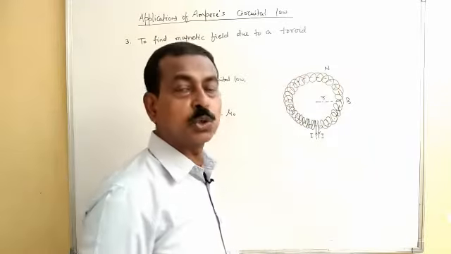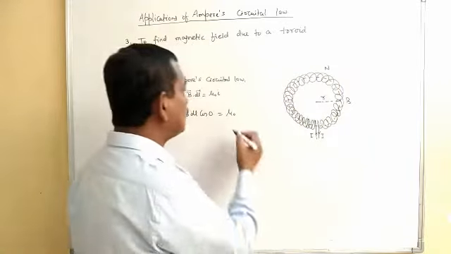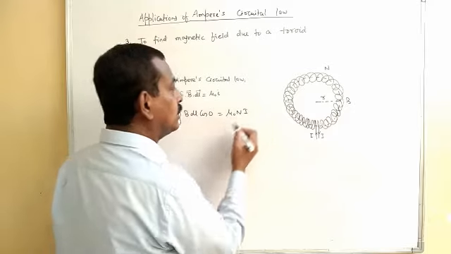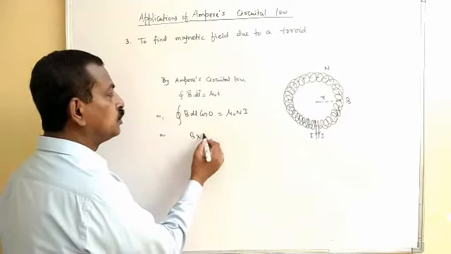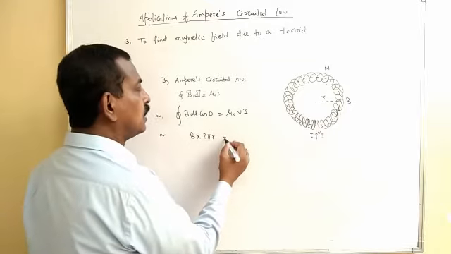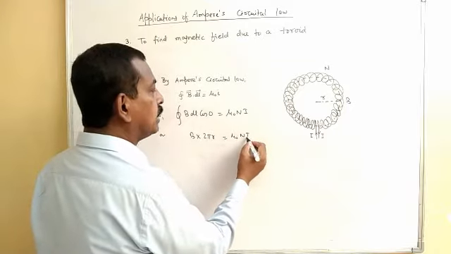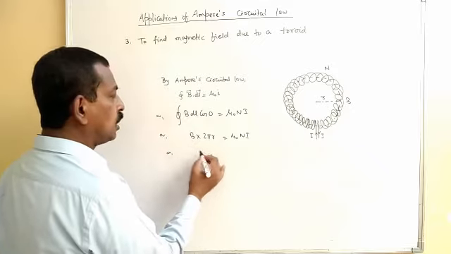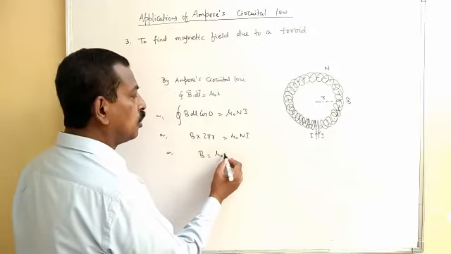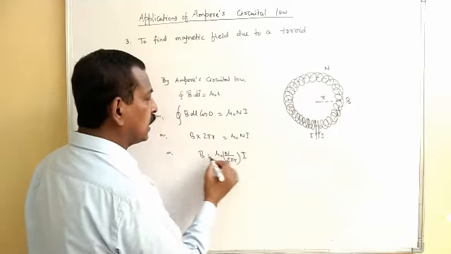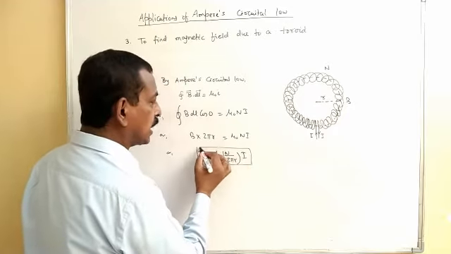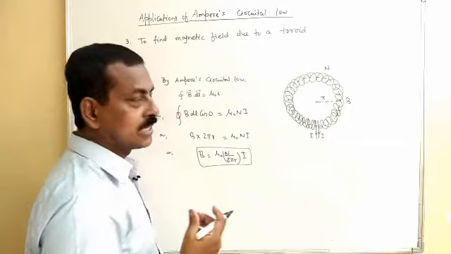Capital N we have taken as the total number of turns, so it is mu naught NI, or B into 2 pi R. This is mu naught NI, or B is equal to mu naught N by 2 pi R into I. So this is the expression for the magnetic field inside a toroid.